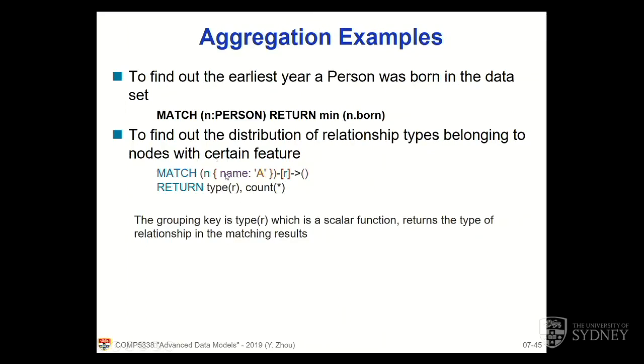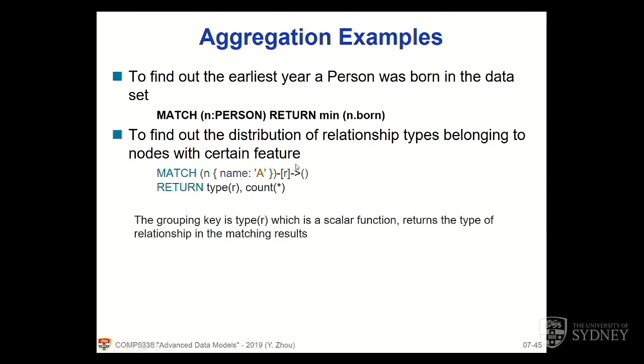So we match, and this is a pattern indicating a path, right? The path has a starting node with name equals A, and then we don't care about the target node, and we don't care what sort of relationship it is. So it's any relationship of this node.